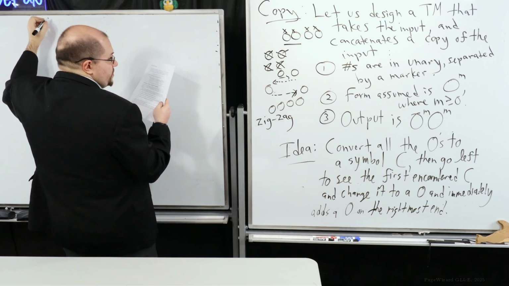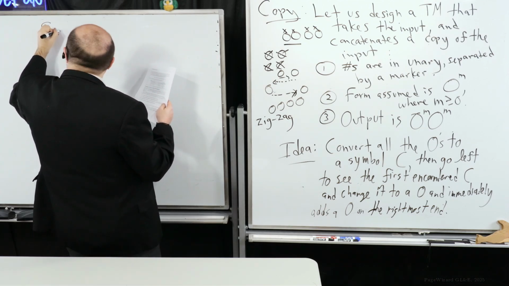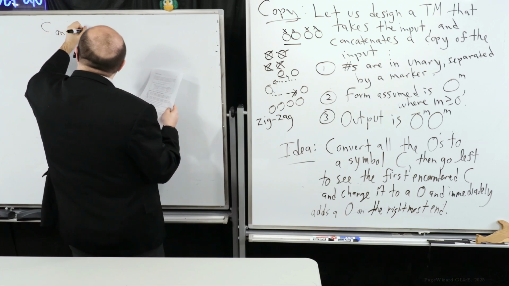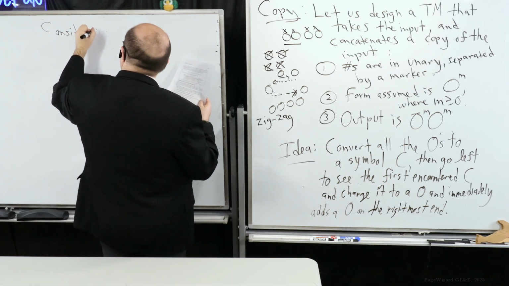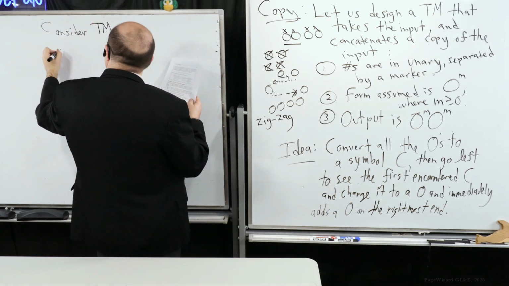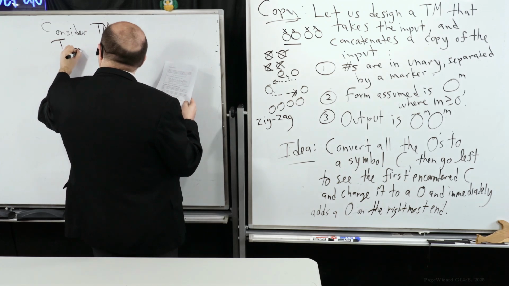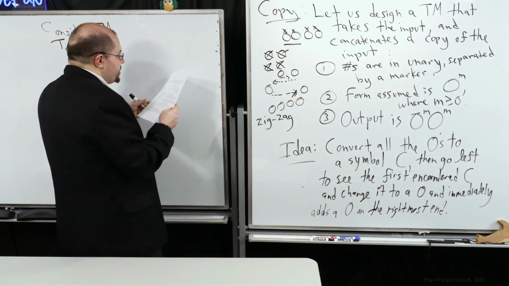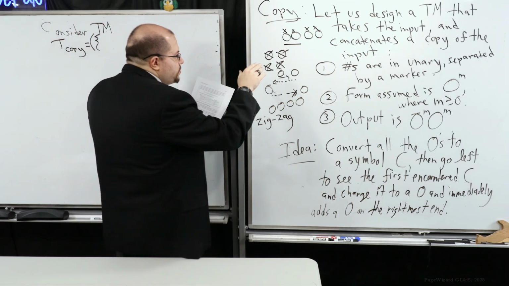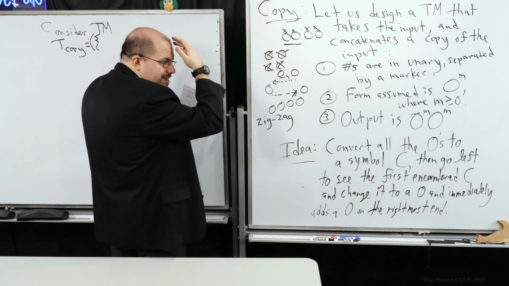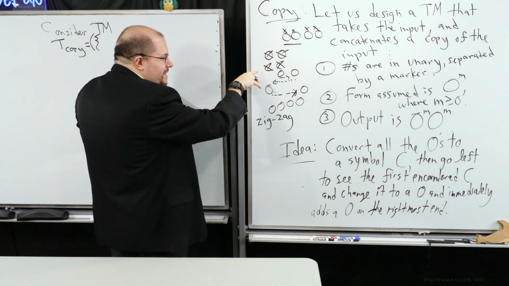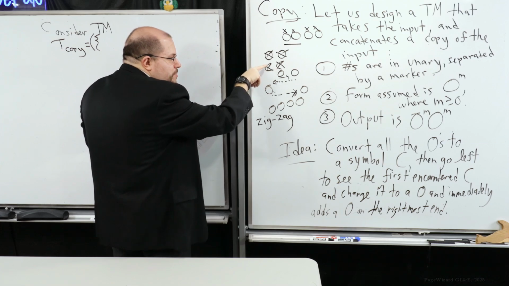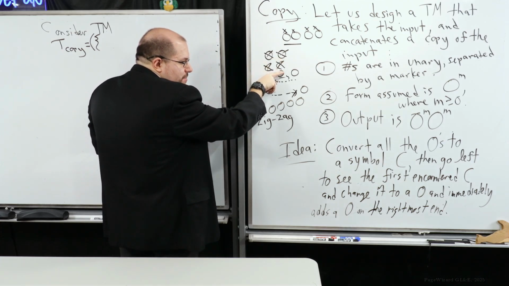So we're going to consider a Turing machine. We'll call it Tcopy. Tcopy will have 4 states. I want you to think carefully about this. First, the idea we have up here is to start by replacing the zeros with C's in the input.